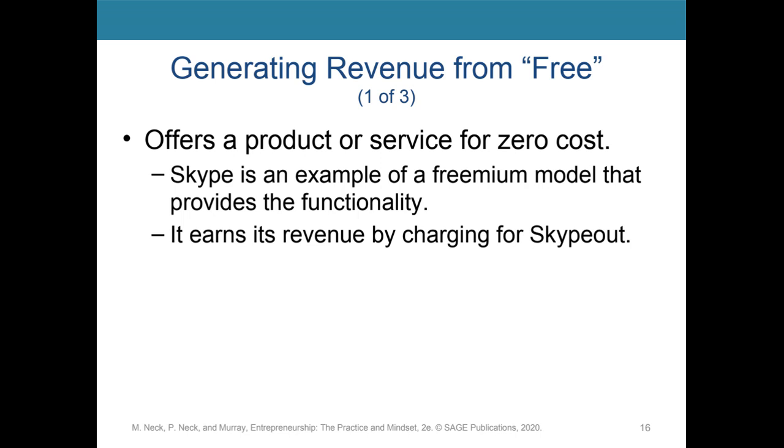I see a question where they ask you either to describe one and give examples, or they give you a case and they say what models are being used here, or they ask you to describe, say, 2 or 3 of them. So you're going to have to know those. And then something when they go into one in depth like this one, this is also nice. This would also form a nice question. But okay, so the freemium, or generating revenue from free, there's two ways you can do.